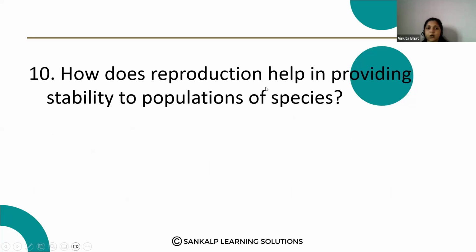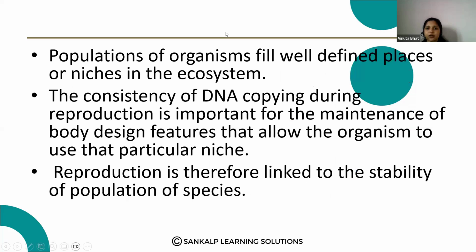Next question. How does reproduction help in providing stability to populations of species? Please note down this question. Populations of organisms fill well-defined places or niches in the ecosystem.